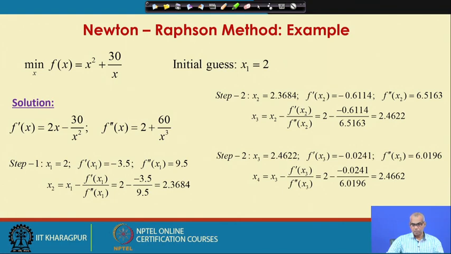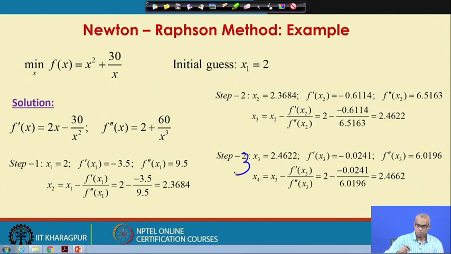In step 3, we have x 3 equal to 2.4622. We evaluate the first derivative and second derivative. See, the first derivative is minus 0.0241, which has become small.